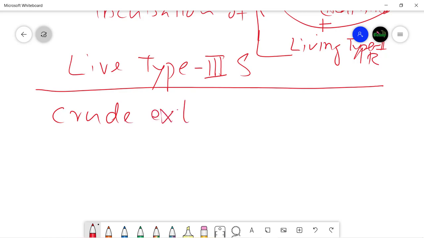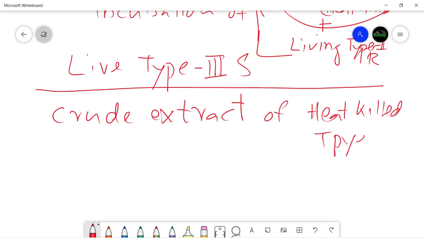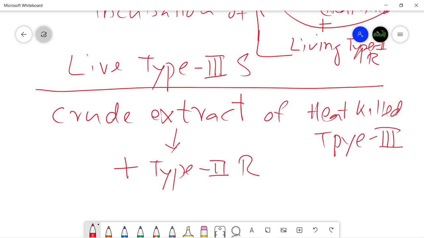So he took a crude extract of heat killed type 3S, and this crude extract was mixed with living type 2R, and he obtained the same results, that is transformation.